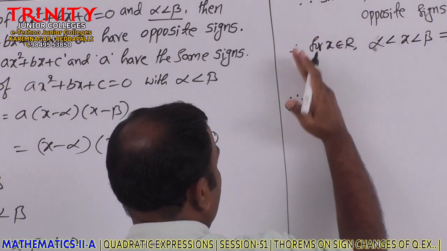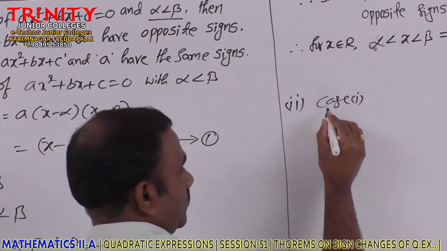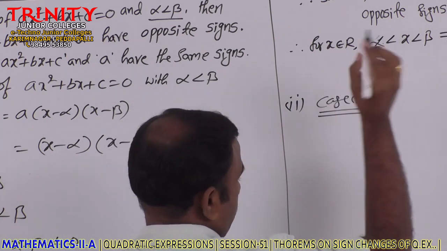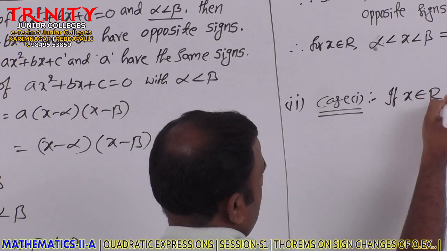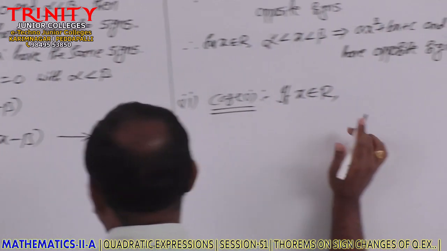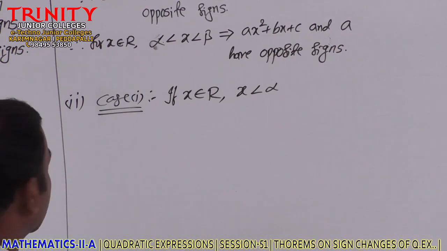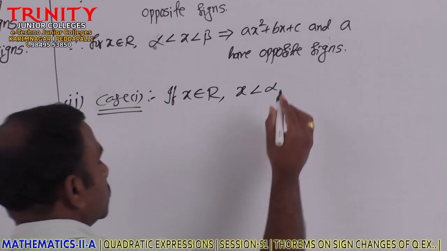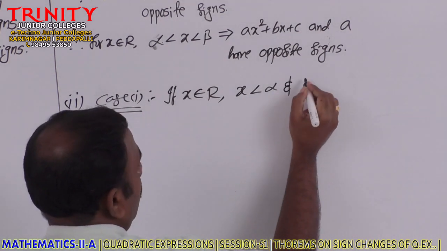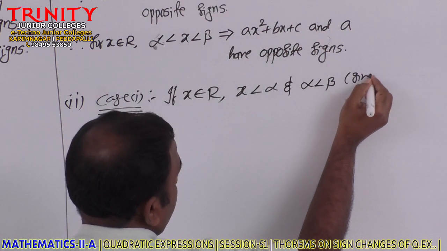In the second part, we have two cases. Case 1: for x belongs to R, I am taking the condition x less than alpha. And already we know alpha is less than beta. This is given.